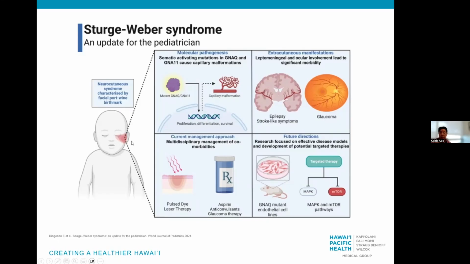For the port wine stains, which sometimes can get very thick and deeply colored and a little bit disfiguring, they can use pulse dye laser therapy, which has pretty amazing effects from the cosmetic standpoint. For the ongoing stroke-like changes, we often keep patients on aspirin.